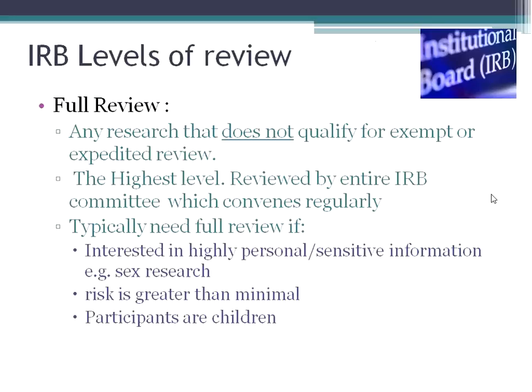If you're interested in sexual stuff or personal or sensitive information, if the participants are children, you always have to get full board review. I always tell my students that doing research with children is tremendously difficult because there are many layers of review that you have to go through in order to use children as participants in your research study.